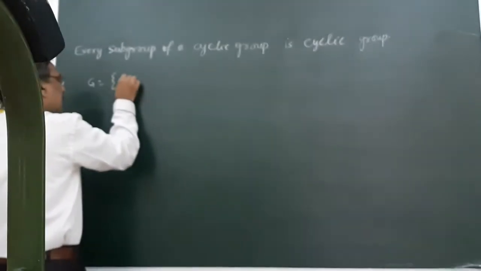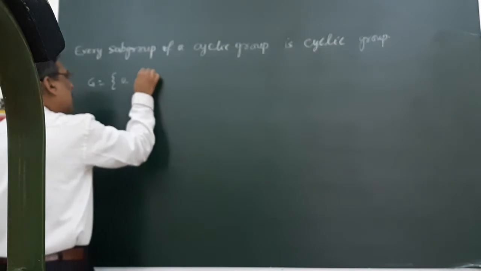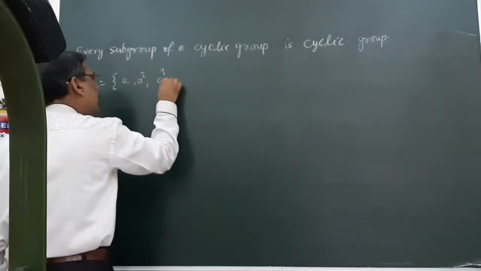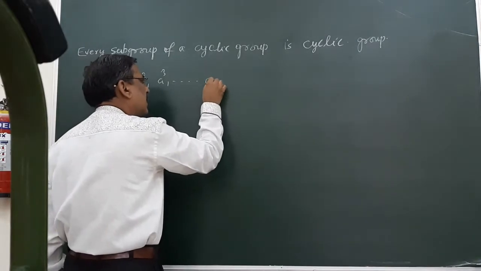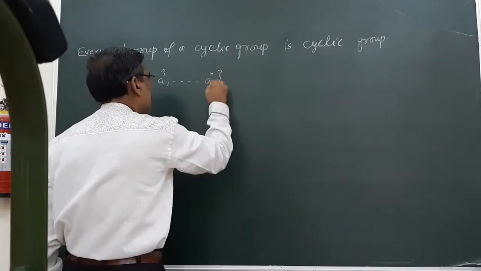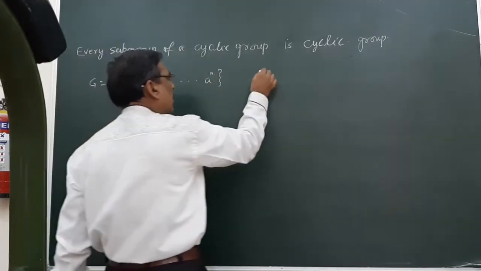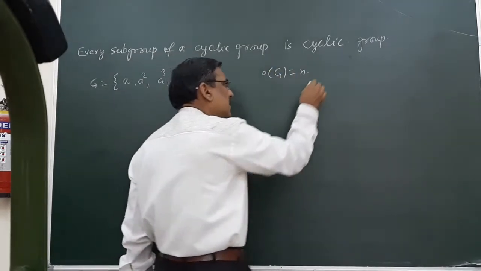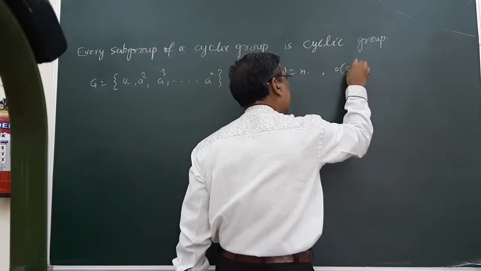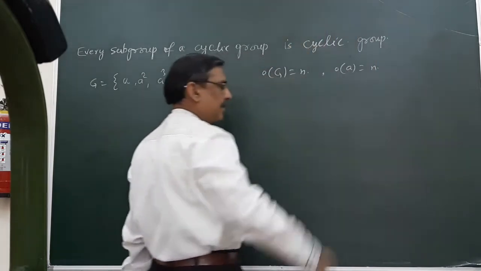Say G is a cyclic group and its elements are a, a square, a cube, and so on. Order of G is n, and that is also the order of a is n.